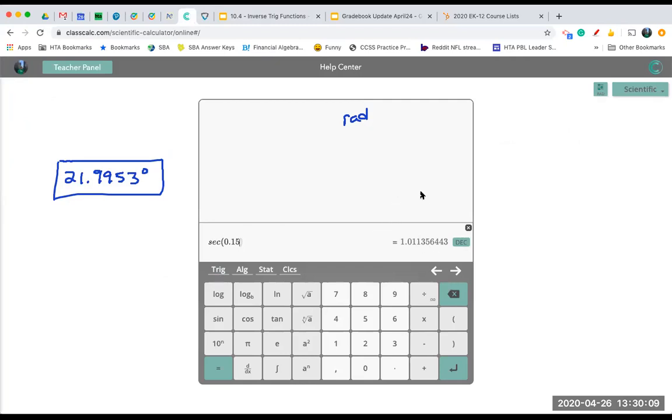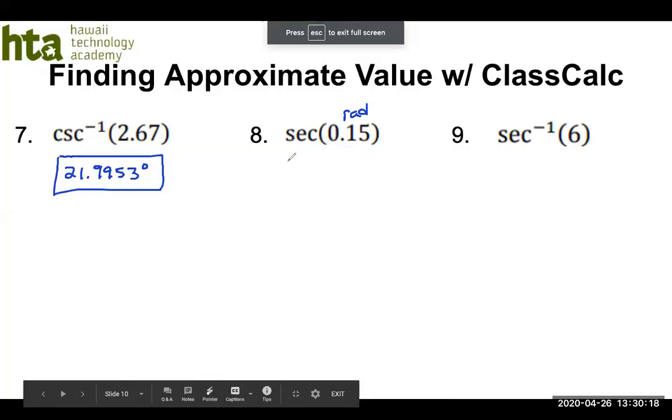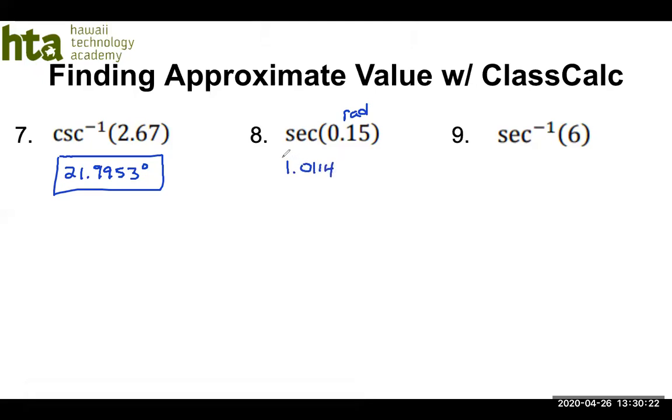The 3 gets bumped up to a 4, so 1.0114. And we did not find a degree, so we do not put a degree symbol. Again, it has to say inverse for us to find a degree, so make sure you guys understand that.